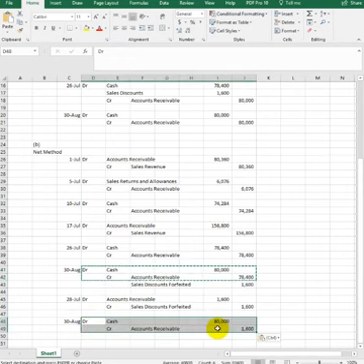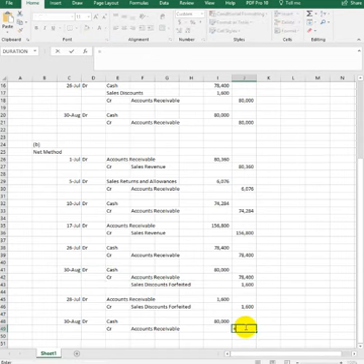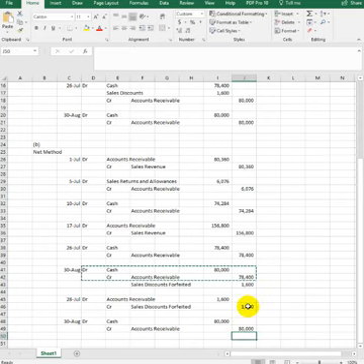The amount of cash we get would have been 80,000, but the accounts receivable would have been the 78,400 that we had set up here, plus the discount which we added right here, for a total of 80,000.